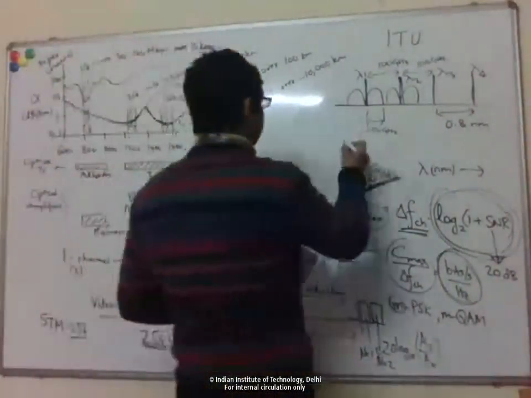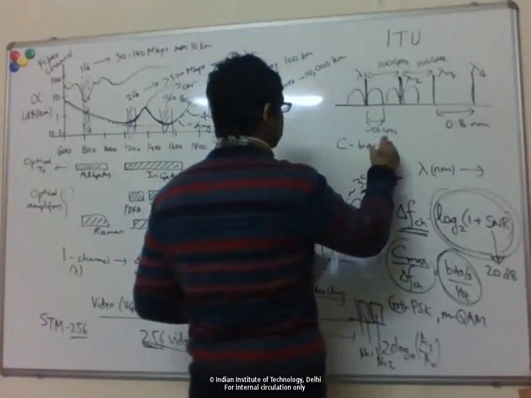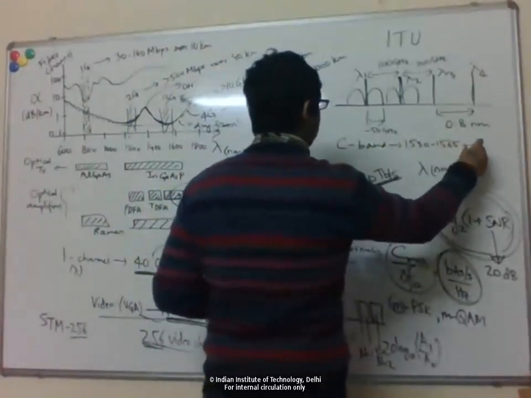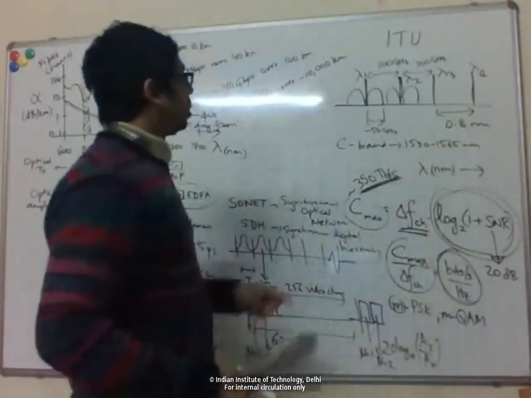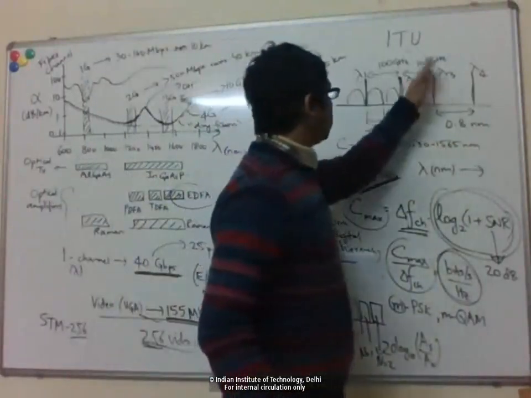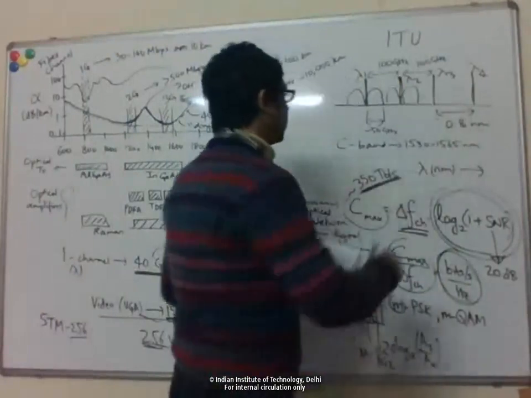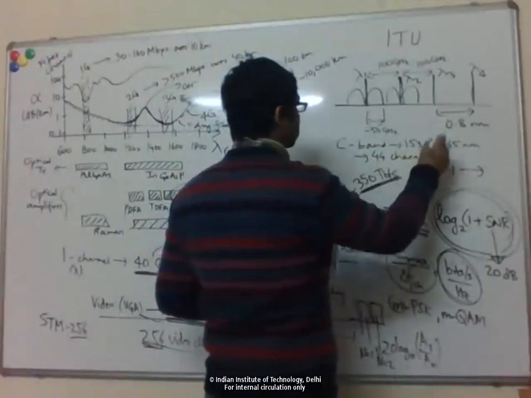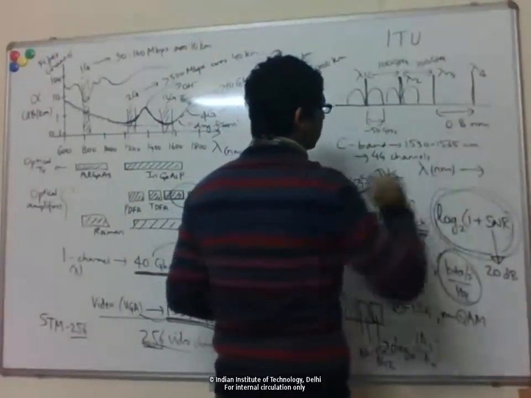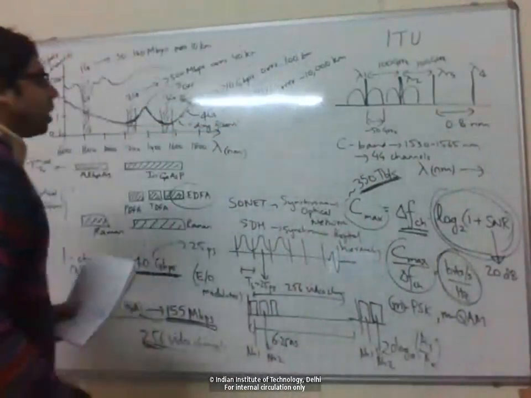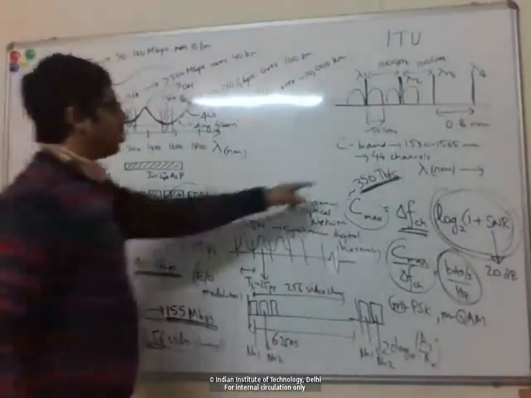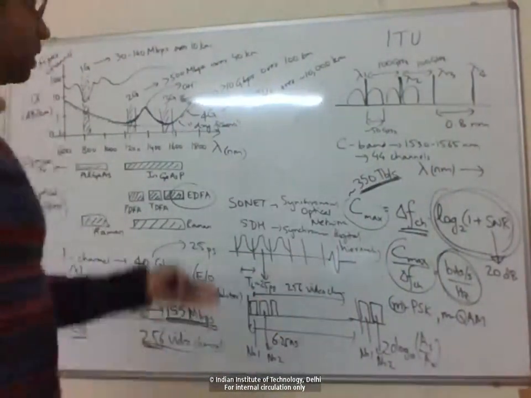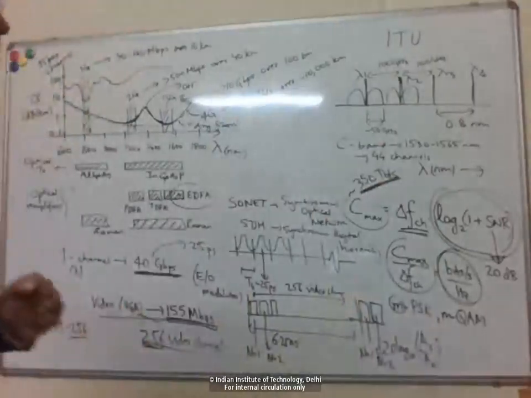The C band runs from 1530 to 1565, so this 35 nanometer bandwidth you can partition into 0.8 nanometer slots. So you'll get 44 channels, all separated from each other by 0.8 nanometer. Now, for example, 44 times 40 Gbps will be your total data rate if you can send all 44 channels together.